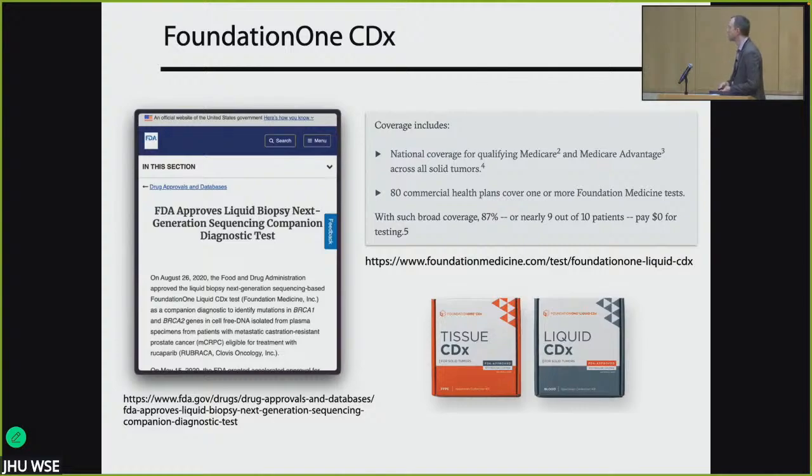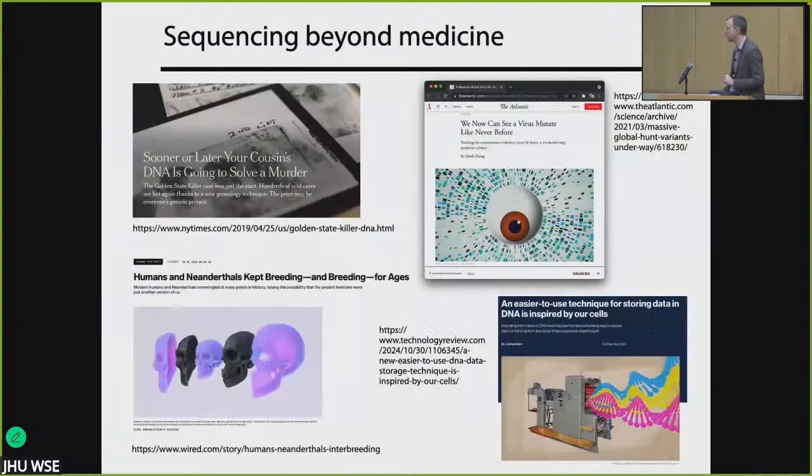It's a next-generation sequencing-based product. And not only is it FDA approved, it's also, believe it or not, covered by insurance. So it's even covered by Medicare. So just as an example, I think biomedical people would see something that's FDA approved and covered by Medicare as a pretty wild success. So this is a good example of how next-generation sequencing has made it into our everyday medicine, and it goes beyond medicine too.